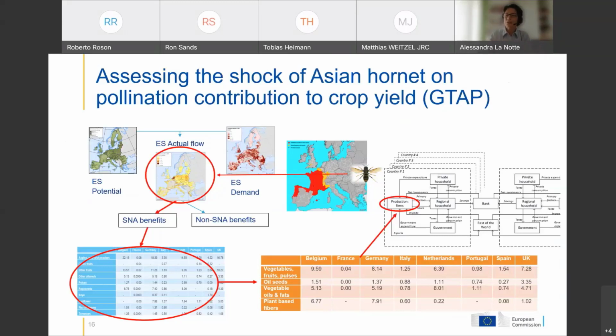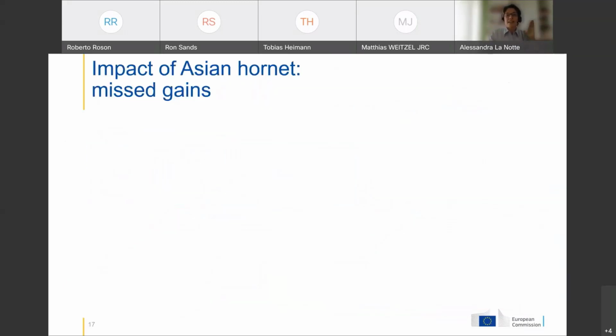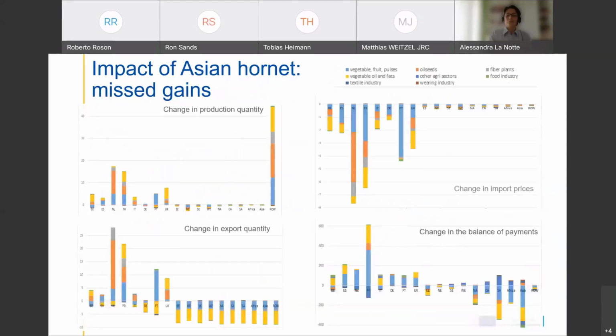But what we wanted to see is whether this bridging can work, and whether we actually see the impact of the Asian hornet in terms of missed gains. We chose four variables from the long list of outcomes that GTAP is able to provide.